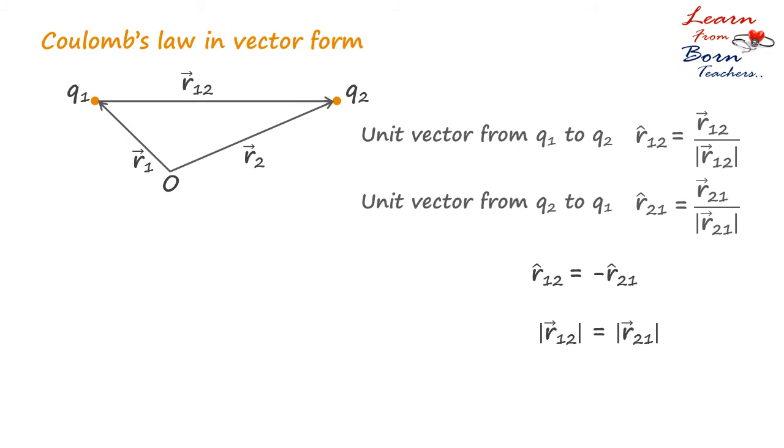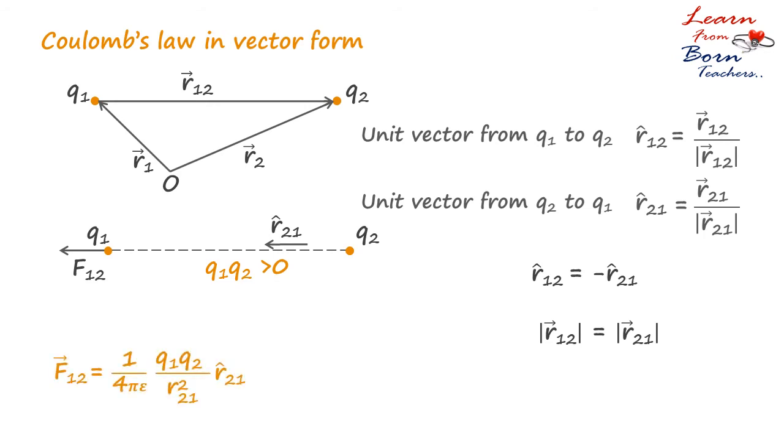Let us see how the equation of force in vector form will be if the two charges are similar. Assume that for the charges q1 and q2, the product of q1 and q2 will be greater than 0. F12 is the force experienced by q1 due to q2. It is directing towards left, and the unit vector towards left is r21 cap. So we can represent the vector form of force as F12 is equal to 1 by 4 pi epsilon q1 q2 by r21 square into r21 cap.